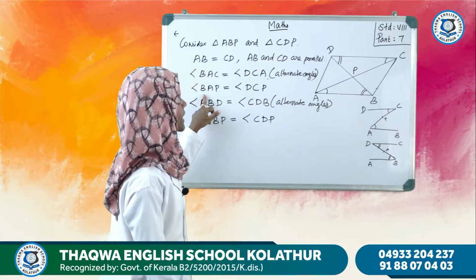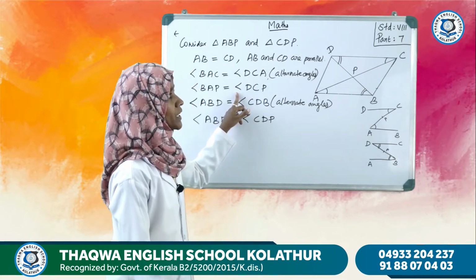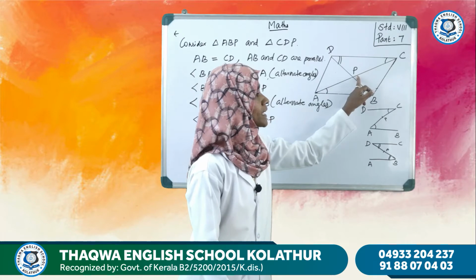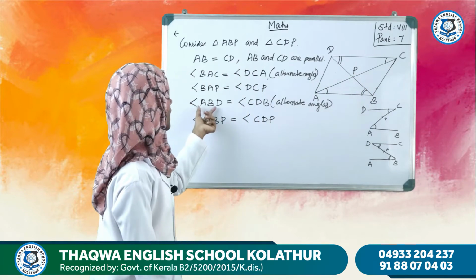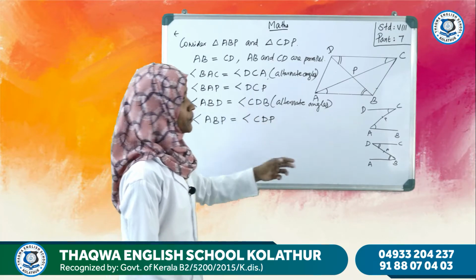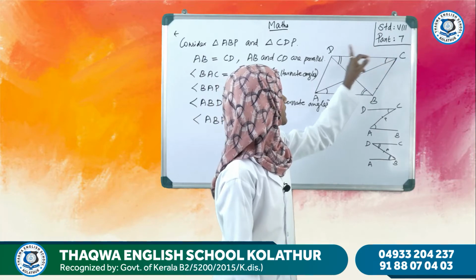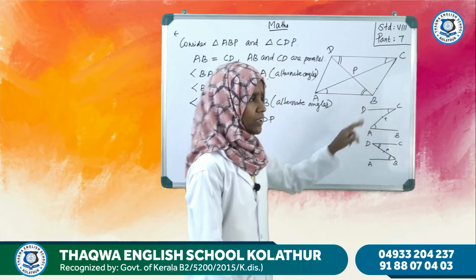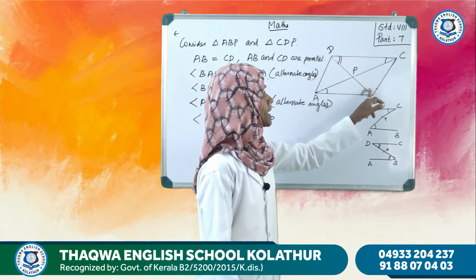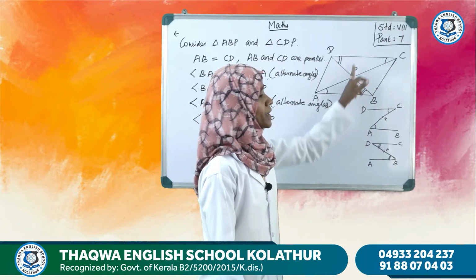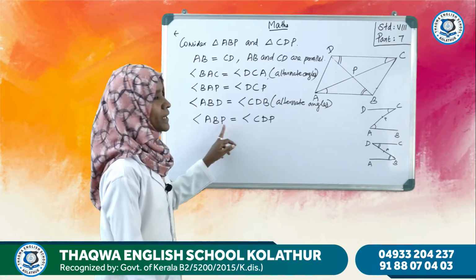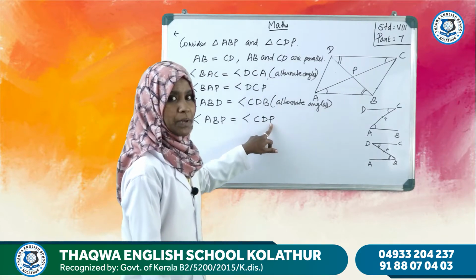That is, we can write angle BAP equals angle DCP. The next pair, angle ABD equals angle CDB. They are the alternate angles formed by the line BD meeting the pair of parallel lines AB and CD. Okay. That is, we can write angle ABP equals angle CDP.